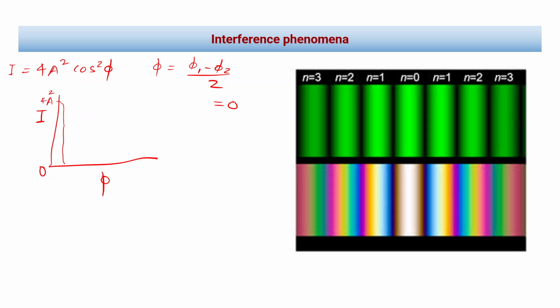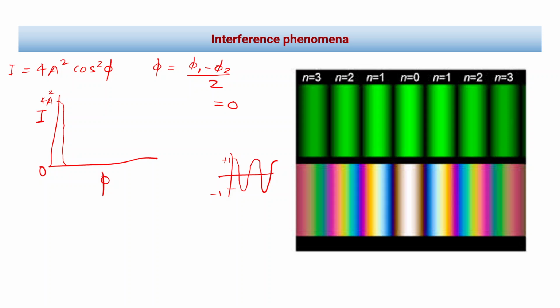Like sinusoidal, we know cos phi, so cos 0 is 1 and then it goes negative and then positive. If I am plotting cos, the value goes from plus 1 to minus 1. But here we are taking the square of it, so all these values will be positive, no negative components. Also, because a constant 4a square is multiplied, the amplitude scales by 4a square.